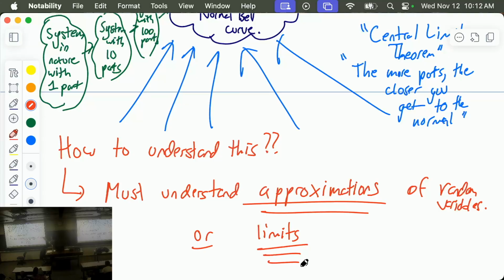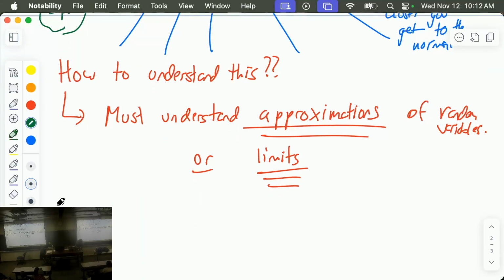Other distributions that are not the normal distribution will get closer and closer to the normal distribution in a certain sense. That's what we're going to work on for the next little bit, understanding these approximations or limits as things get bigger and bigger. Our first example, example 1, is a dice with many sides.